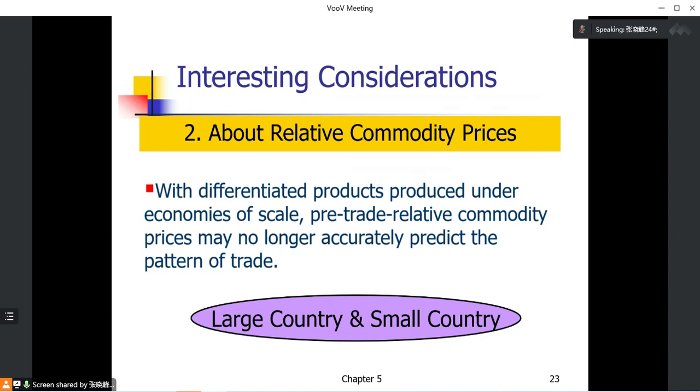Without the differentiated products, we could not imagine what our daily life would be. With differentiated products produced and economy of scale, free trade relative commodity prices may no longer accurately predict the path of trade. Large country and small country.